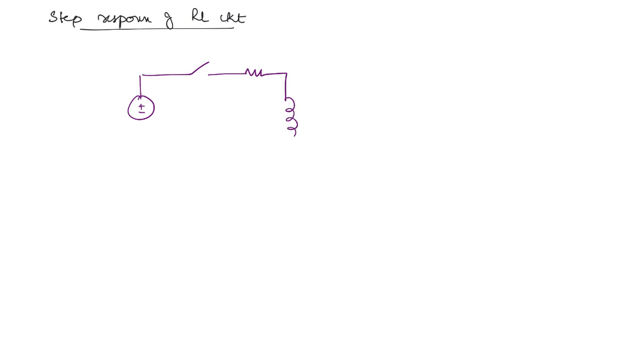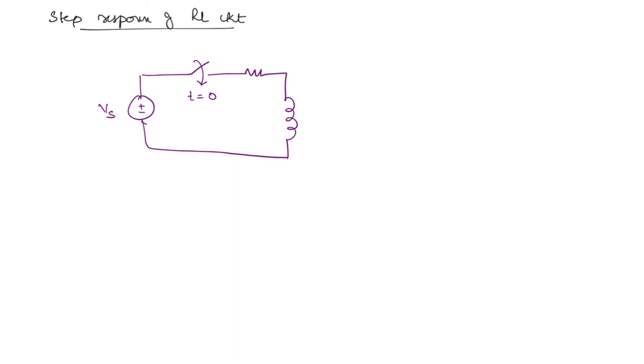Let us now see the step response of RL circuit. So what will be the circuit? You will have a voltage source and here you have a switch, resistor and inductor in series. So here we can take this as Vs and the switch we can take it to be closing at t is equal to 0.